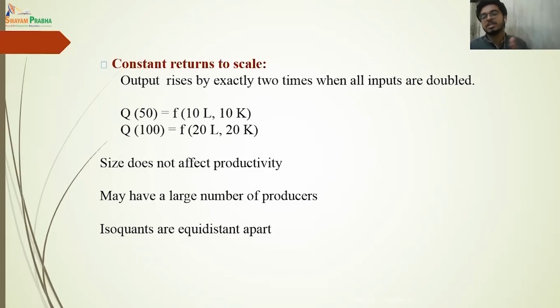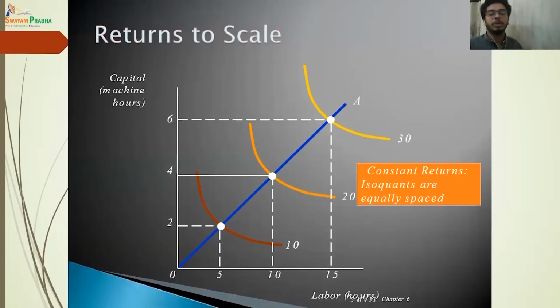So if you increase the labor and capital by a certain amount, the production also increases by the same amount. Yes, it can happen when we have a large number of producers in small fragments. When they are operating at a smaller level, they can achieve constant return to scale, if not increasing return to scale. And here we observe that the isoquants are equidistant, the same distance, right?